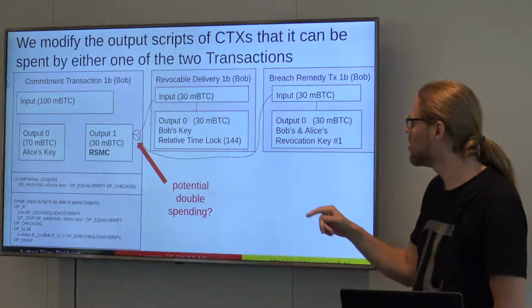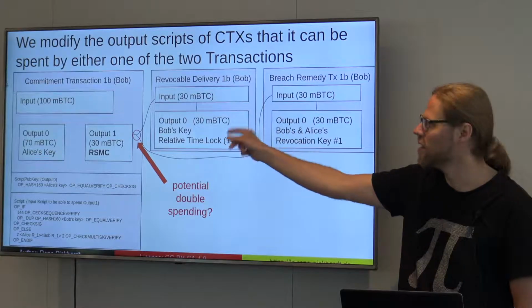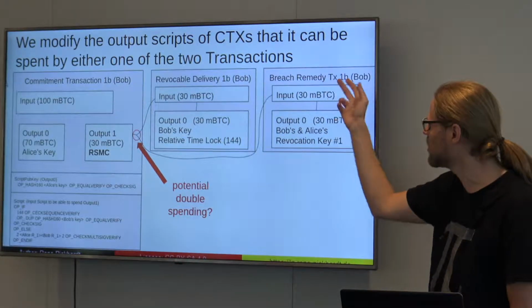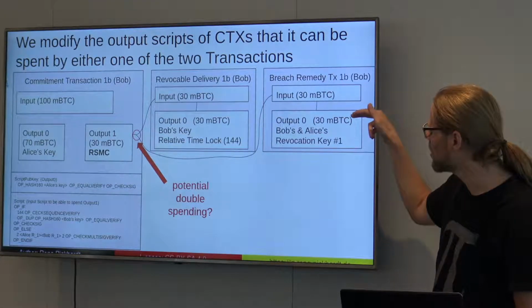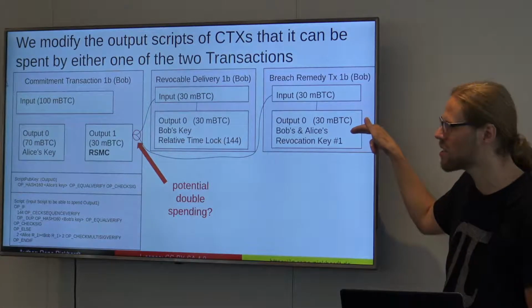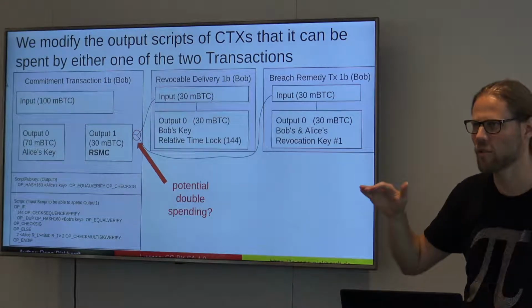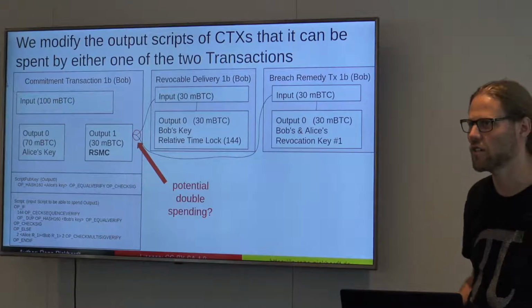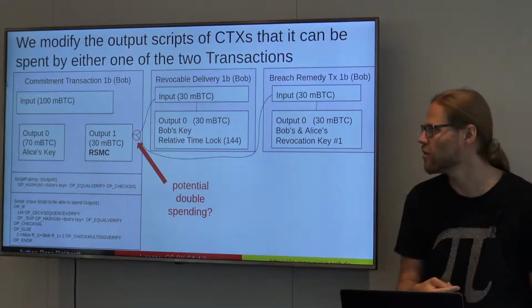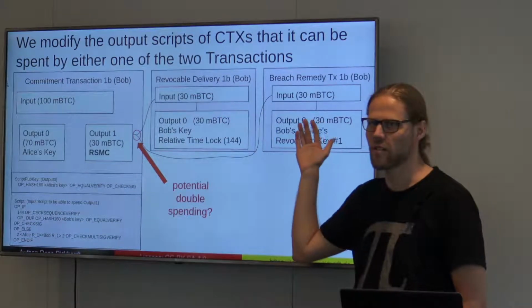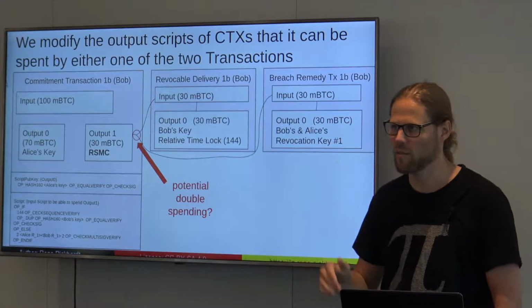But before this relative time lock has passed, there is the breach remedy transaction, or the breach remedy condition, in which this output can be claimed if there is Bob's and Alice's revocation key, or the first revocation key. But every commitment transaction has its own revocation key later on, because you want to change them for every state. So these are the two possible ways of being able to spend this commitment transaction.